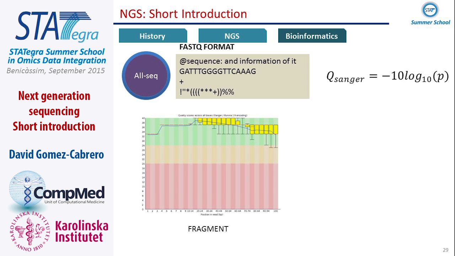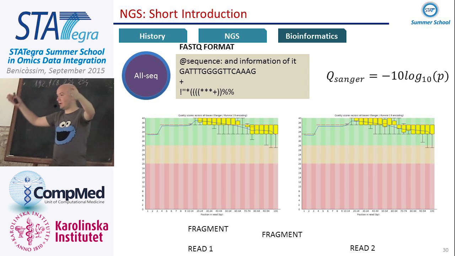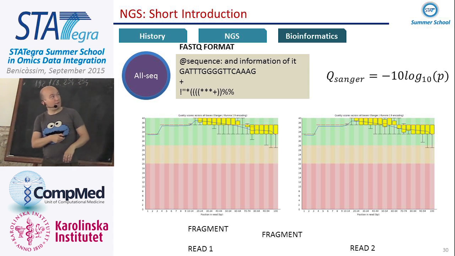This is if we look at a fragment, and the fragment has just one read. Yes, so we make this identification of fragment and read. But it can happen that a fragment has two reads. As I was saying, you have a fragment, I'm sequencing in this direction, and I'm sequencing in this direction. So then you can have the quality for both extremes, right?